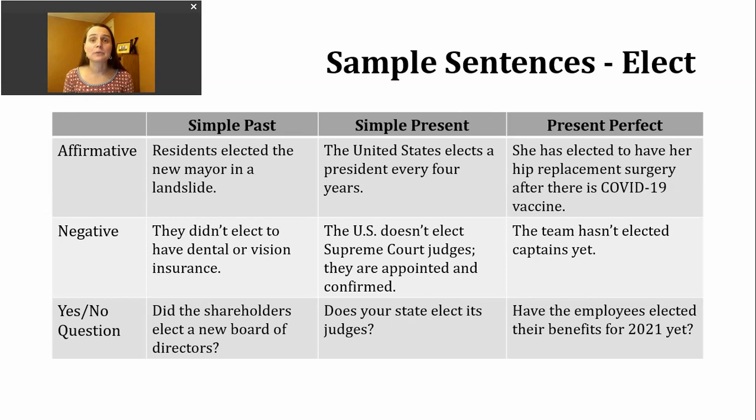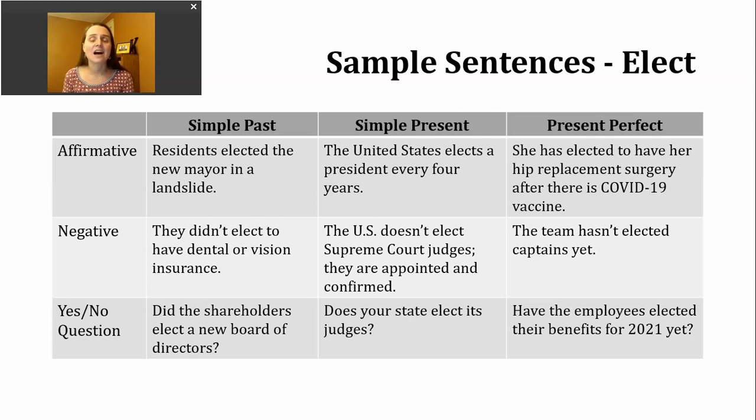Here's an example sentence. Residents elected the new mayor in a landslide. Okay? So this sentence doesn't have a clear reference to time, but it could be part of a broader story, and so the date that it happened would have been understood.